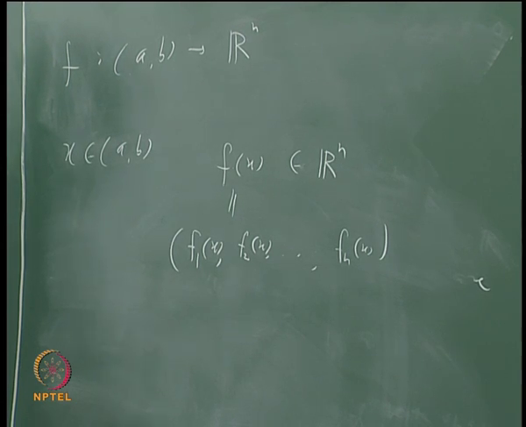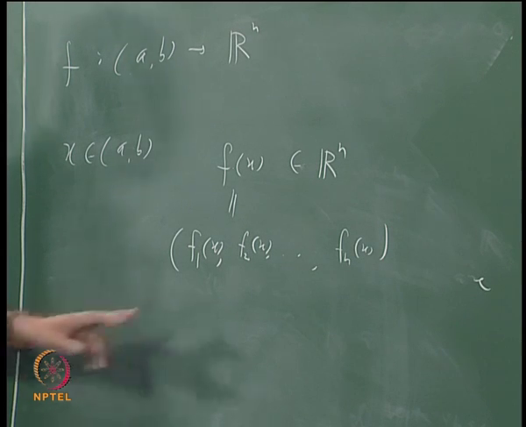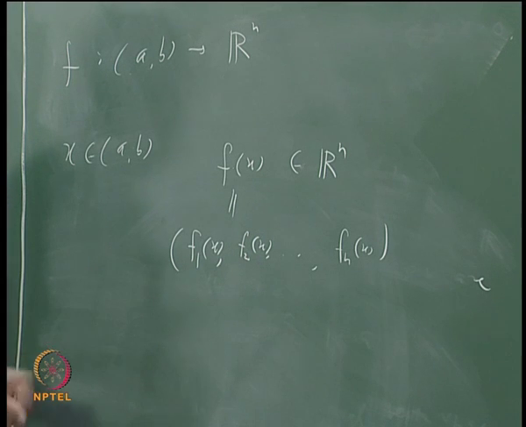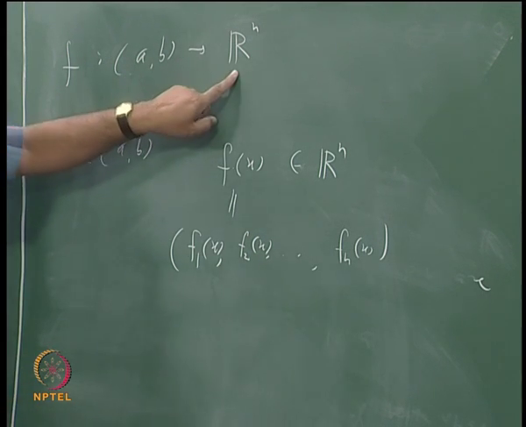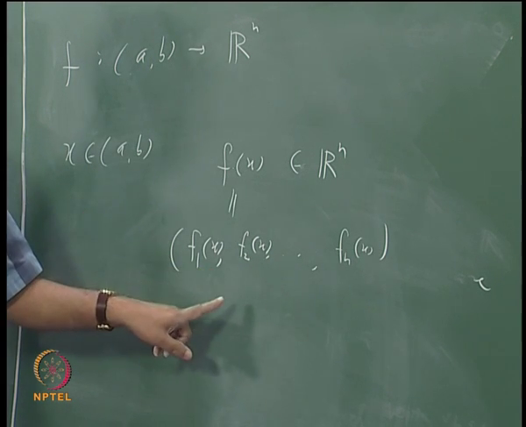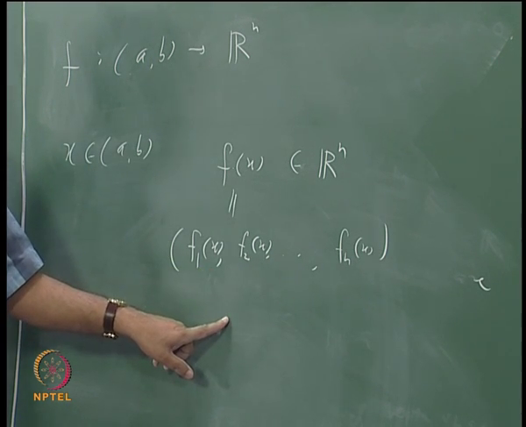So what is similar to this with the complex numbers? There you had only two real components and here you have n components. So what does this mean? That if you have one Rn valued function, that corresponds to n real valued functions. Is it clear?